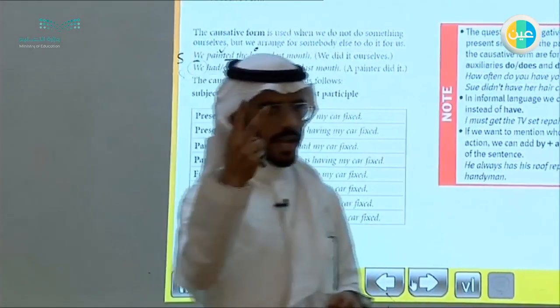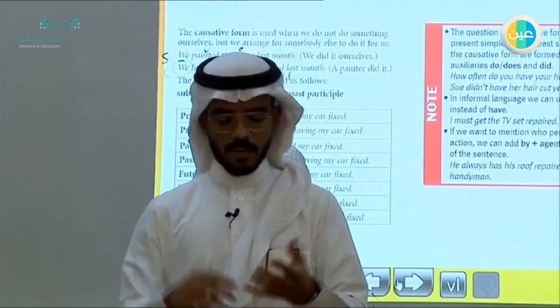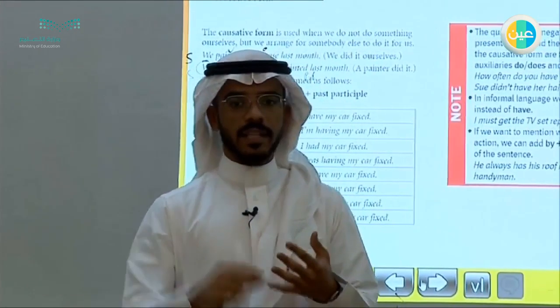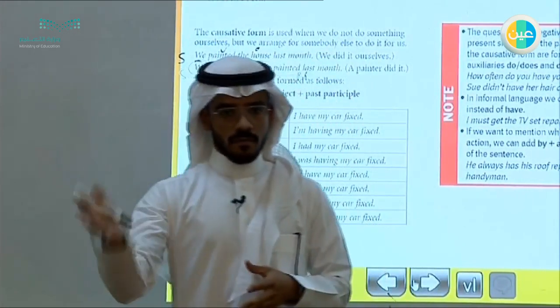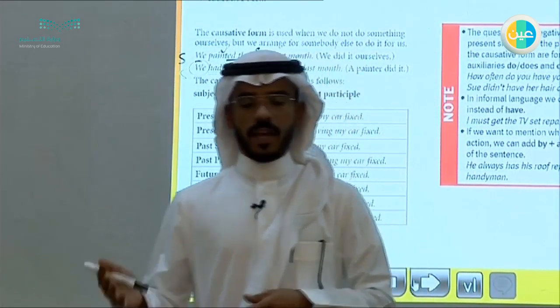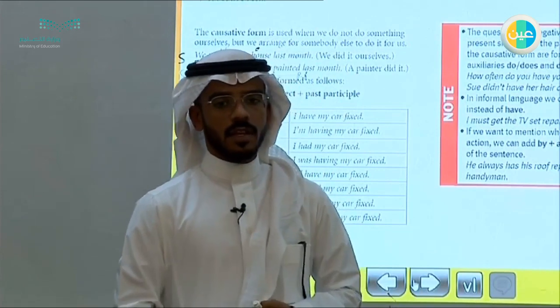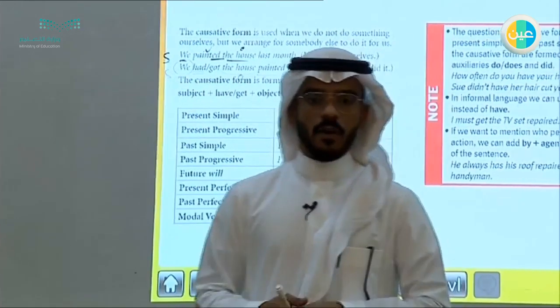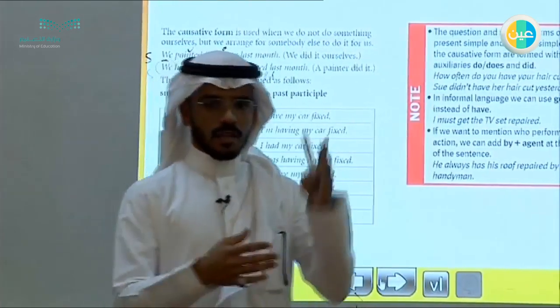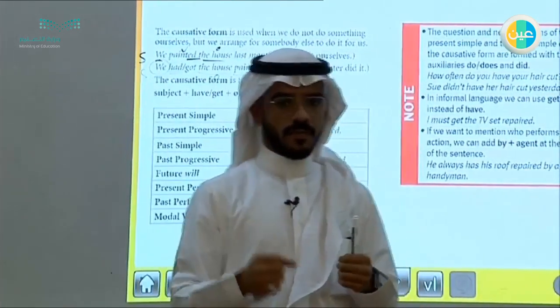We have two kinds of verbs in past participle: regular verbs and irregular verbs. Regular verbs, as you know, add ed at the end, and for irregular verbs you will find the third form of the verb. For example, do, done.